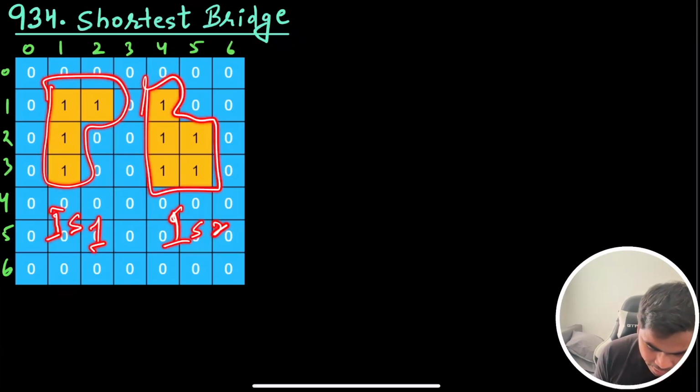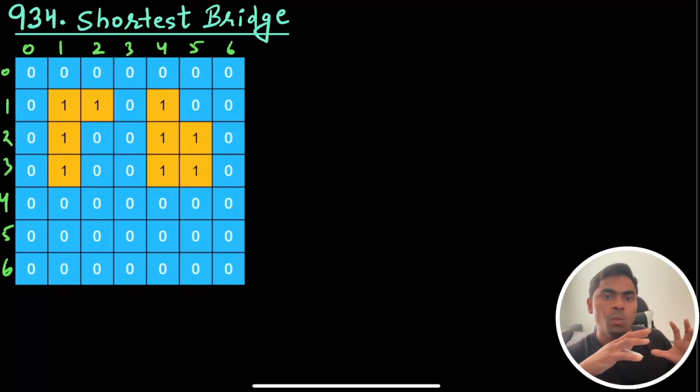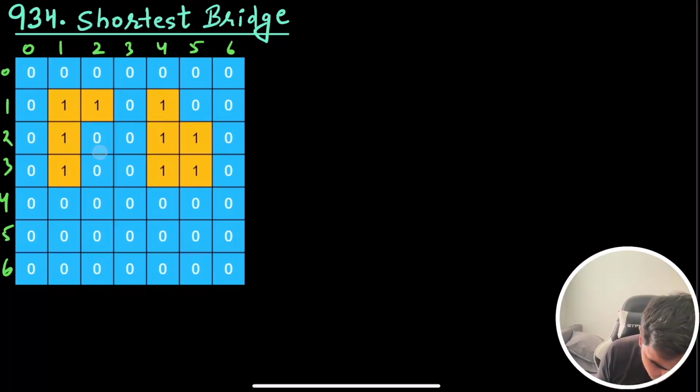Now these 2 islands, we need to flip the smallest number of these water bodies, these zeros, into ones so that we can connect these islands. As you can see right here, you can flip this 0 to 1 and then we will be able to connect both islands together.